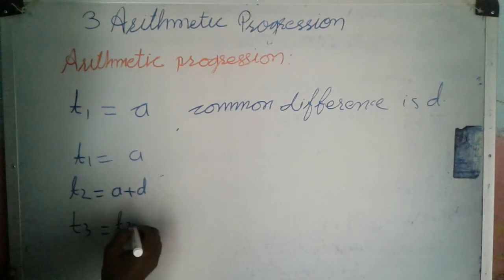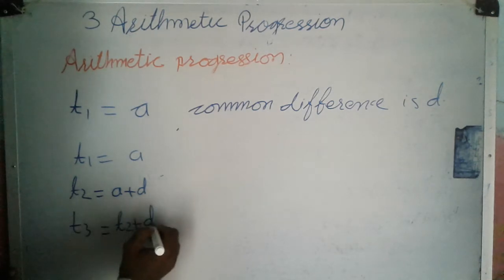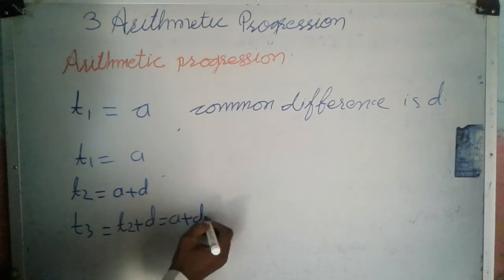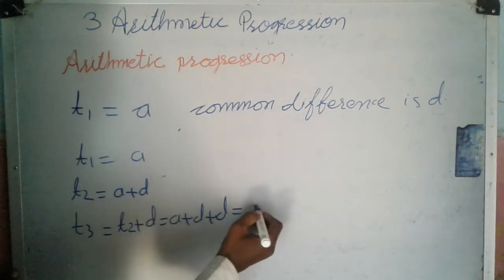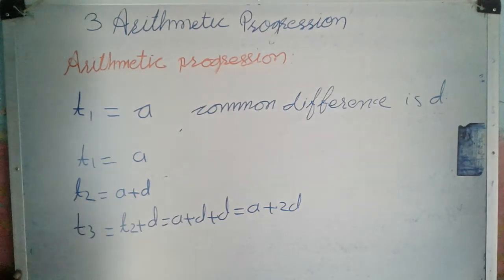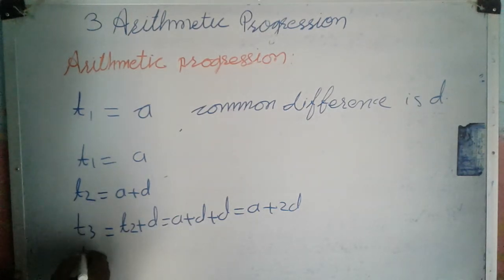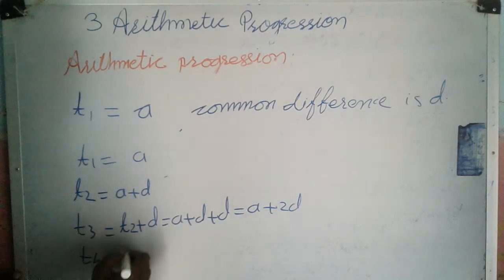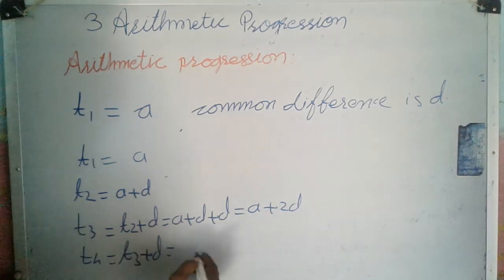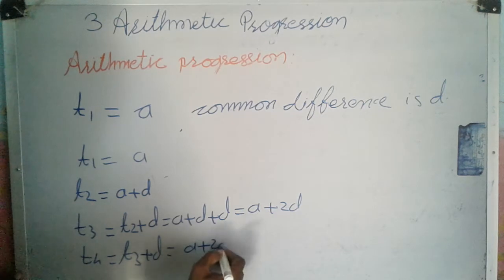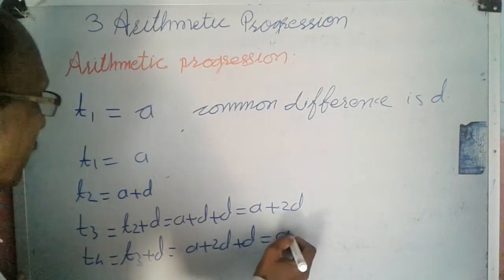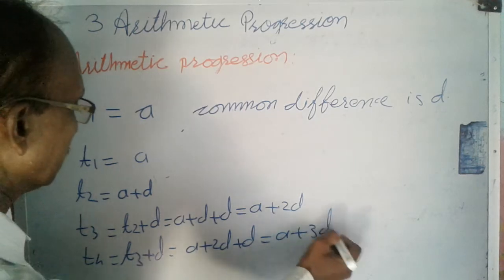That means T2 plus d, that is equal to a plus d plus d, a plus 2d, and T4, that means T3 plus d. So T3 is a plus 2d plus the common difference d, that is equal to a plus 3d.